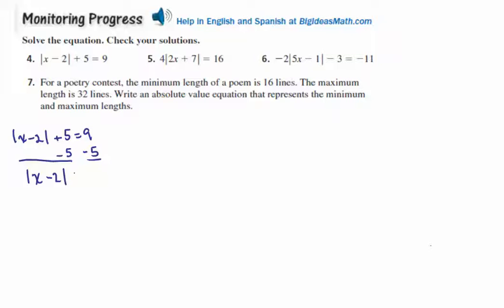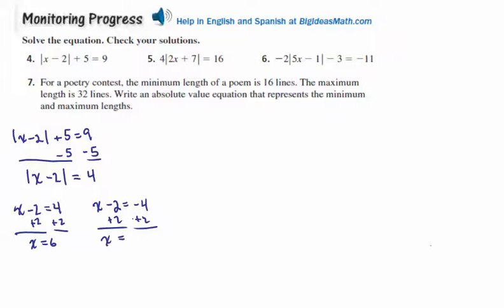We get absolute value of x minus 2 is equal to 4. From that point, we set up two equations. X minus 2 equals 4, and x minus 2 equals negative 4. Adding 2 on both sides, we get x is equal to 6. Adding 2 on both sides, we get x is equal to negative 2.